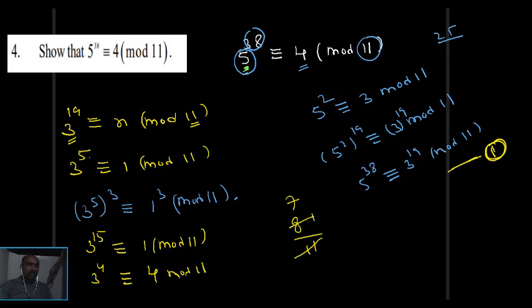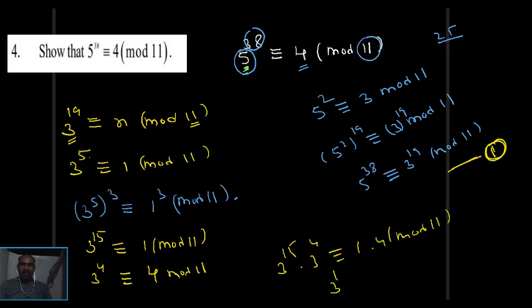Just like A congruent to B modulo M, C congruent to D modulo M, then what I can say is AC congruent to BD modulo M. So 3 power 15 into 3 power 4 is congruent to 1 into 4 modulo 11. That is 3 power 19 congruent to 4 modulo 11. Result 2.